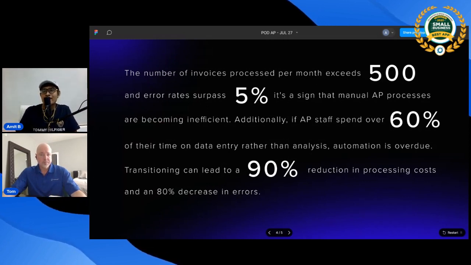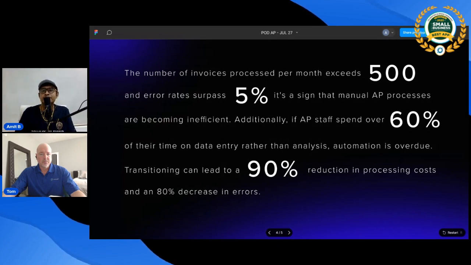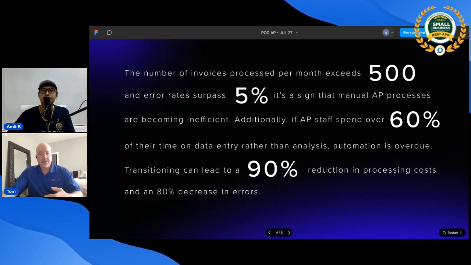Well, how can organizations leverage data analytics and reporting capabilities within automated accounts payable systems to gain valuable insights into spending patterns and optimize financial decision making? Yeah, so organizations can harness data analytics in automated AP systems to uncover spending trends and outliers.